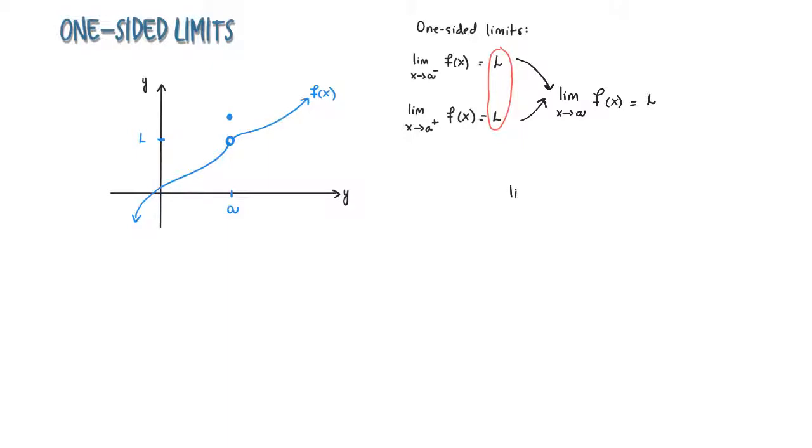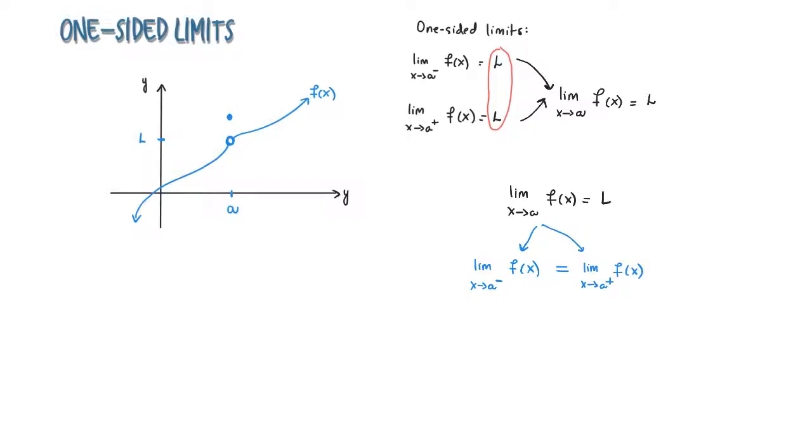I want to elaborate on this. Suppose that we know that the limit as x approaches a of f of x equals L. Then what you know immediately is the following: the limit as x approaches a from the left of f of x is going to be equal to the limit as x approaches a from the right of f of x.